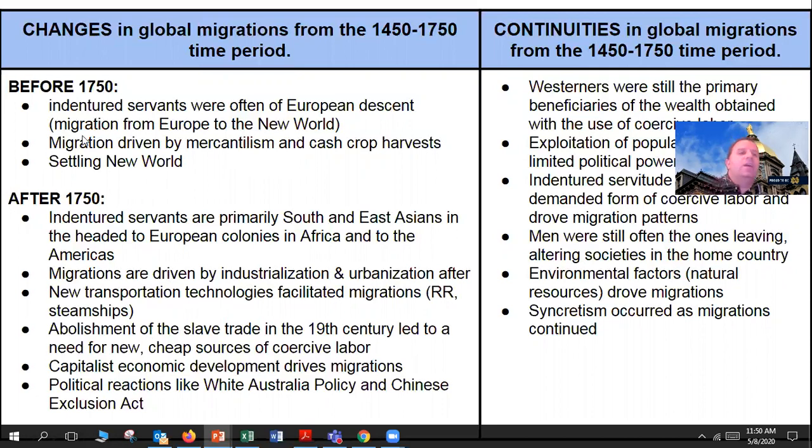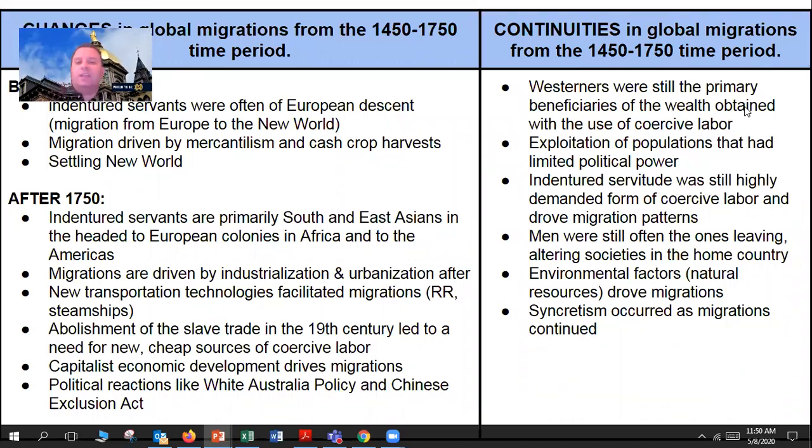Okay, we're seeing before 1750 migration being driven by mercantilism and cash crops. Afterwards, it's being driven by industrialization and by urbanization. Okay, obviously the abolition of the slave trade is going to lead to the need for these cheap labor sources. Now, the continuities, okay, the things that have remained the same, these ethnic groups are still being exploited.